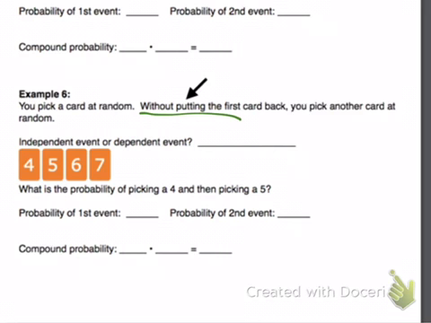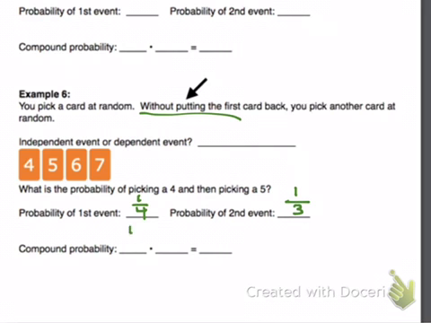Okay, well the probability of getting a 4 is 1 out of 4, and then picking a 5. Now remember, we didn't put it back, so the second time there's only 3 cards to pick from. And there's only 1 5, so the second time we have a 1 in 3 chance of getting the 5.